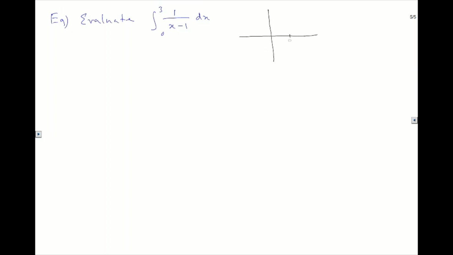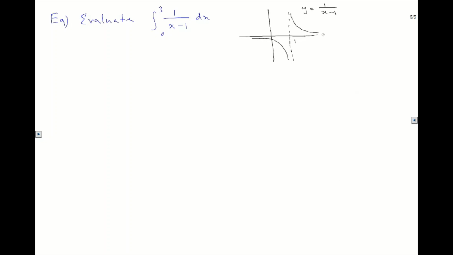At 1 there is a discontinuity, a vertical asymptote. So the graph is going to go like that, and then the graph is going to go like this. So this is y equals 1 over x minus 1.